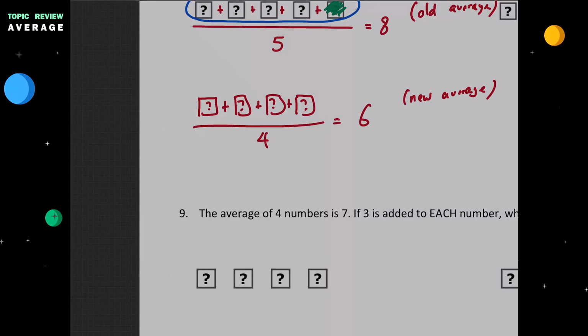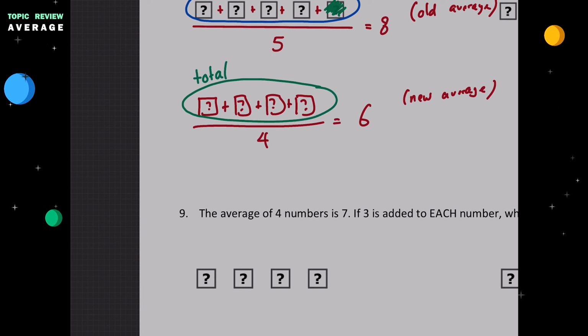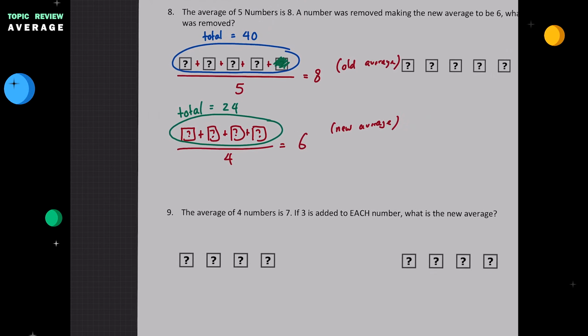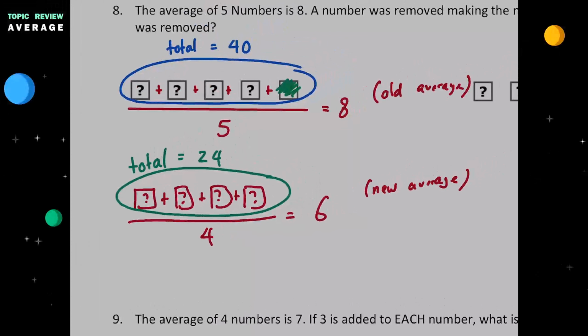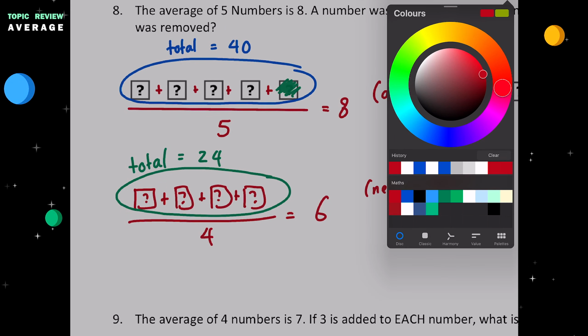And again, once you have this situation, we're going to find the total. Total is equal to 4 times 6, which gives you 24. Okay, now the question is, what was the number that was removed? Can you have a look at these two and see what's going on here? I'll put it in a different color, maybe.